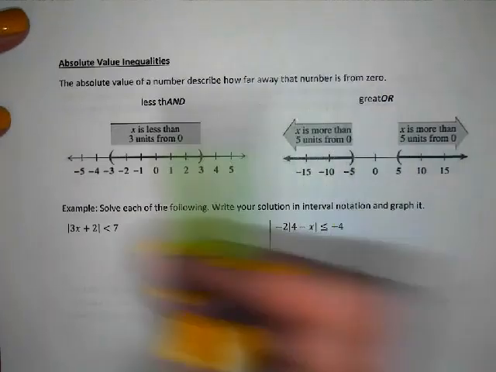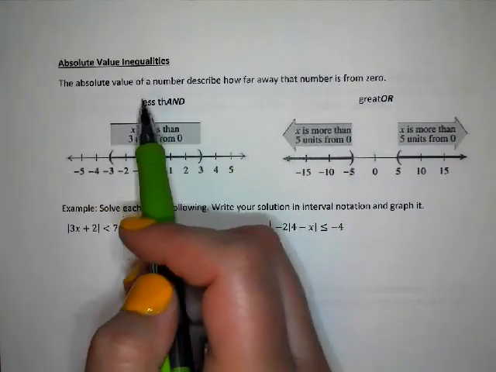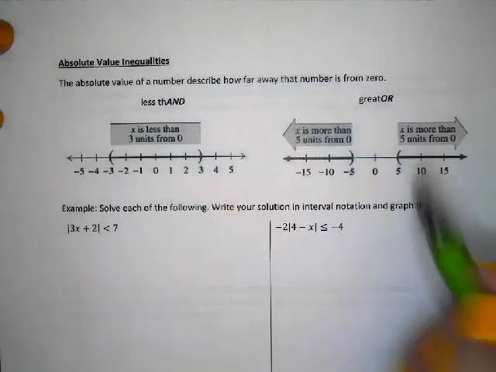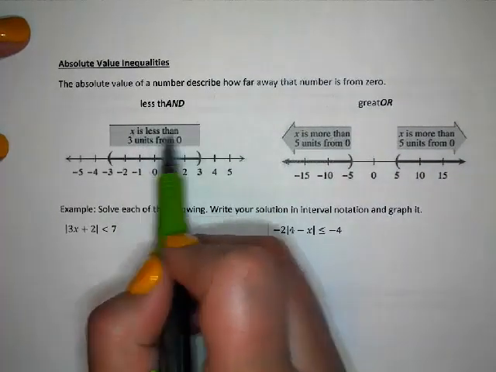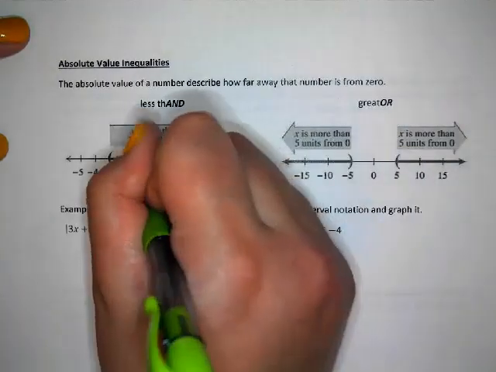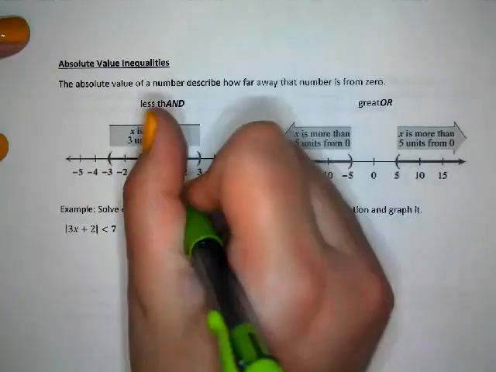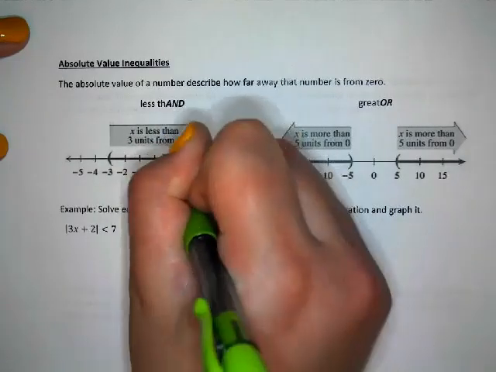So first thing I want you to remember is that the absolute value of a number describes how far away that number is from 0. So here they said x is less than 3 units from 0. So we would say if x is some unknown number, it would be less than 3 units away from 0.